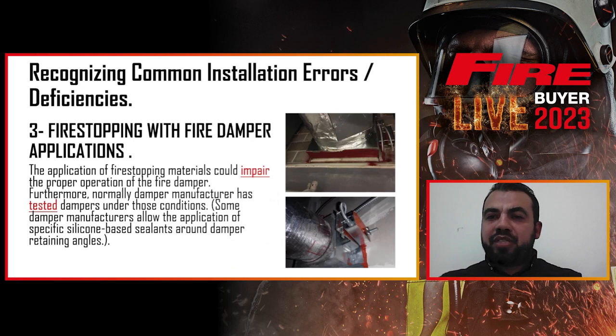This fire stop material could expand or fill the gap of the clearance between the fire damper and wall. This clearance is mandatory for the fire damper to expand. The metal will expand, and if you lock this expansion area, it will be an issue for your damper, which will not work as intended and might be impaired.